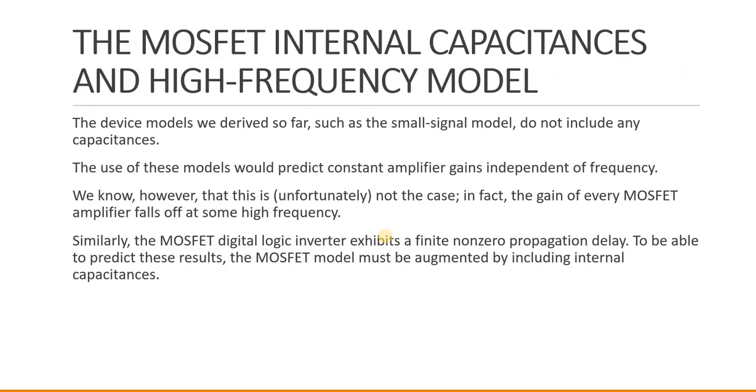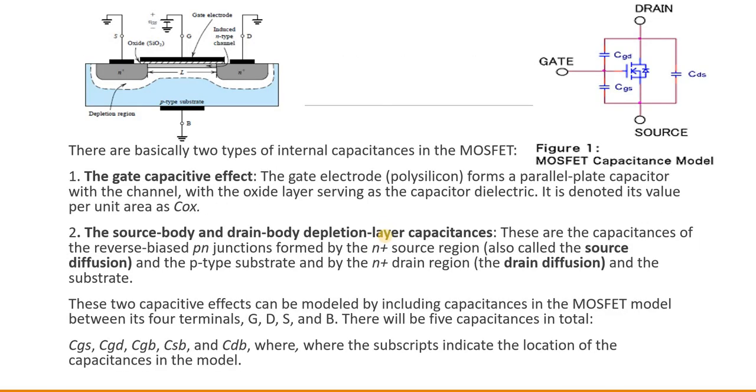Whatever we have studied now, the internal capacitances, include basically two types: gate capacitance and junction capacitance. Altogether, 5 capacitances are there: CGS, capacitance between gate and source; capacitance between gate and drain; capacitance between gate and body; capacitance between source and body; and capacitance between drain and body.